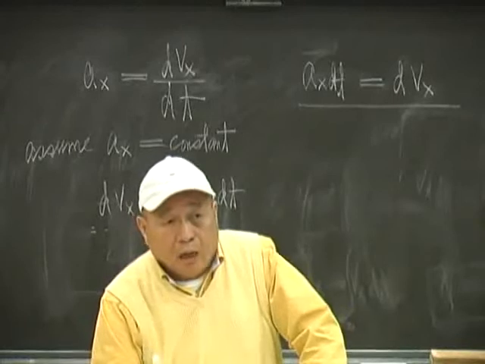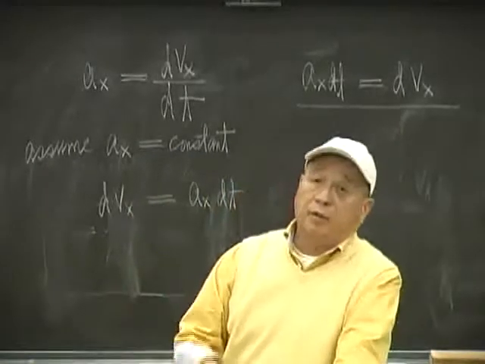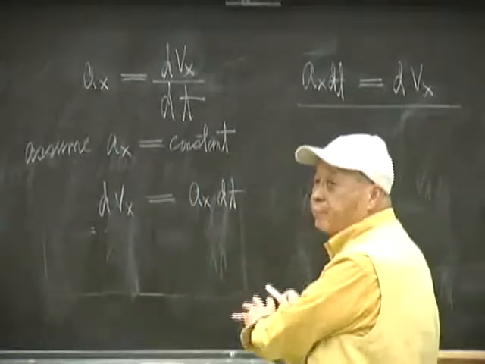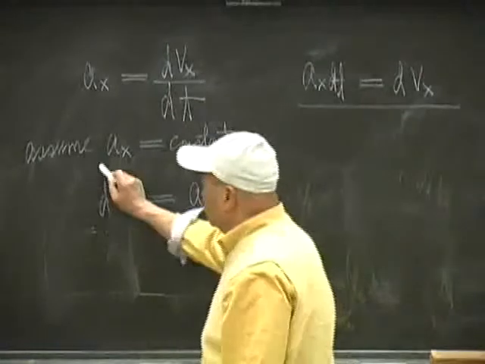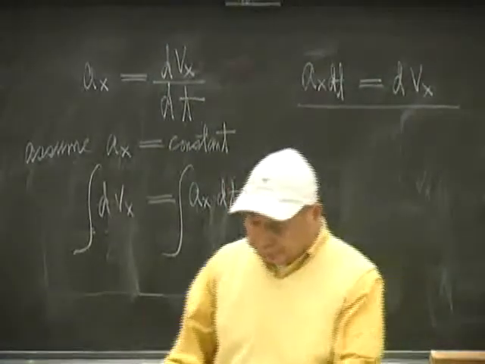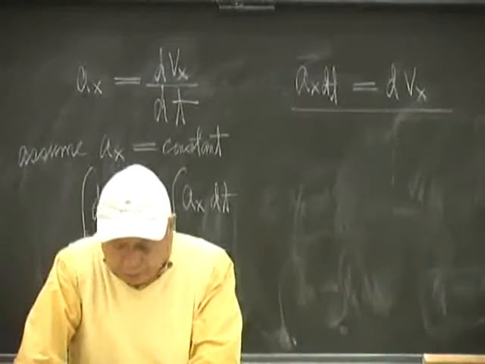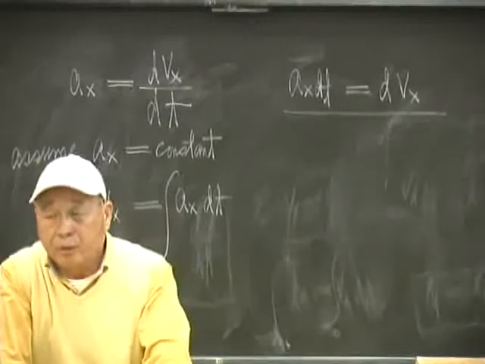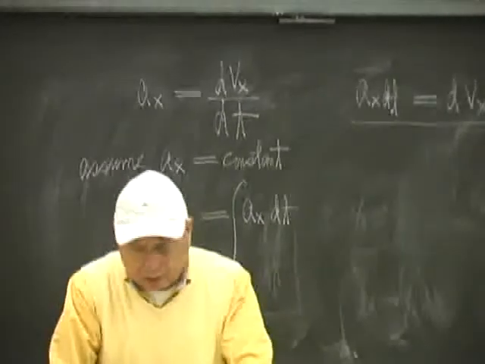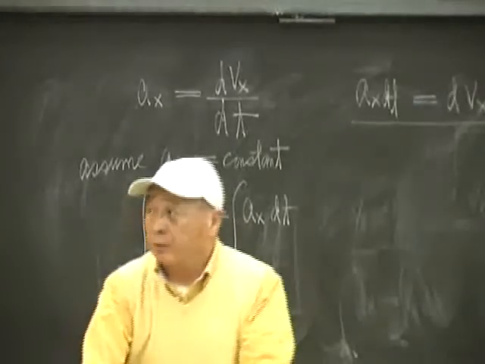Some motions have a sub x that does depend on time. So then when you do the integration, you have to take the time domain into consideration. So in this case, we do the integration again. When you do the integration, you have to be aware of the variable, in which case it's called the boundary condition.